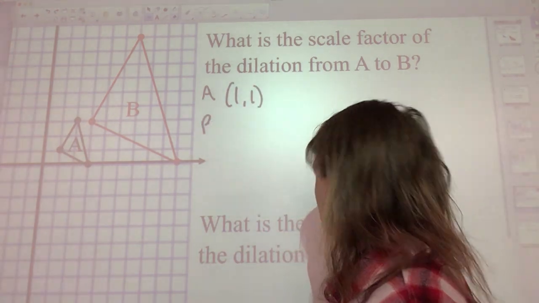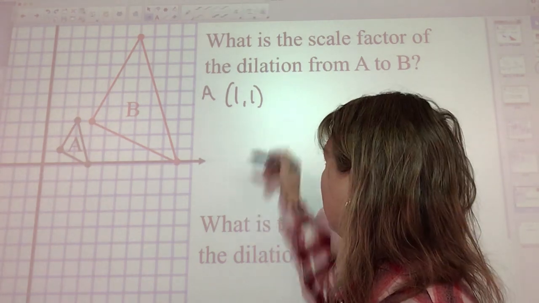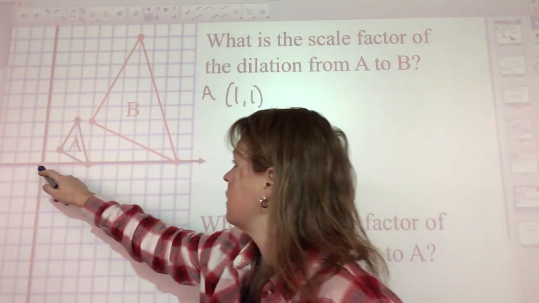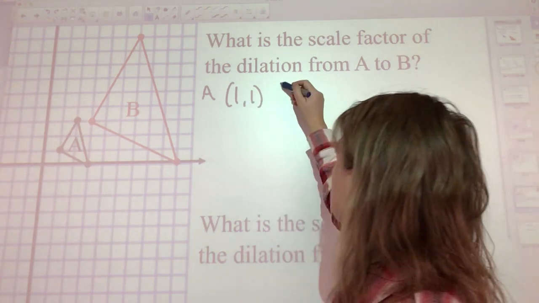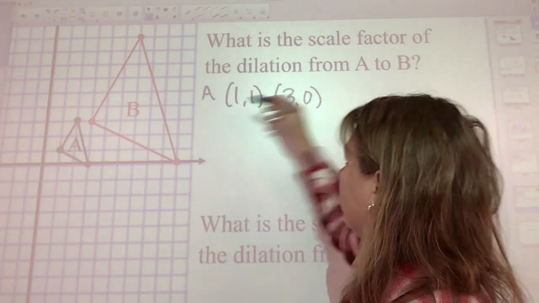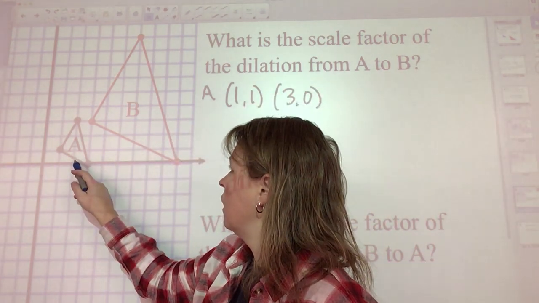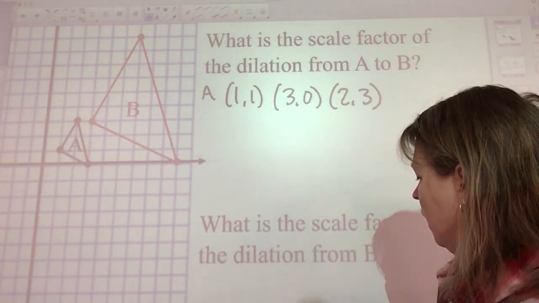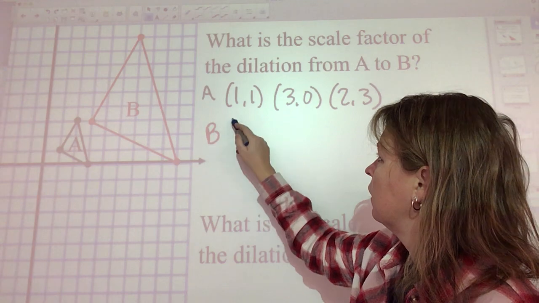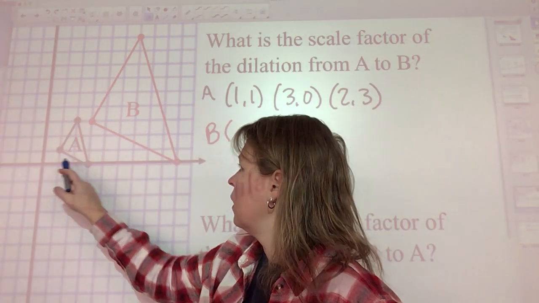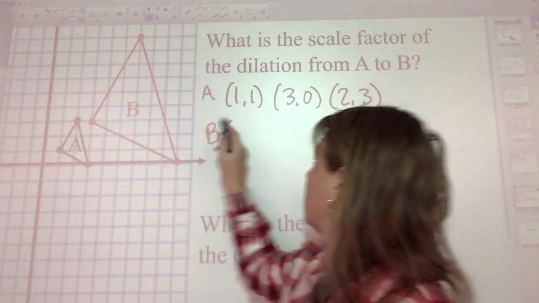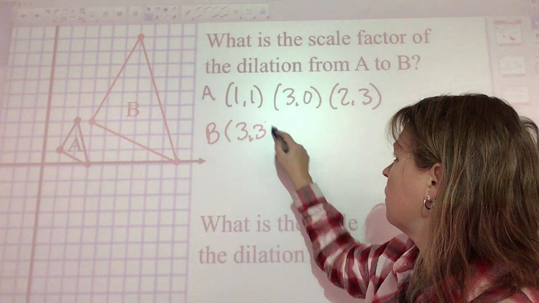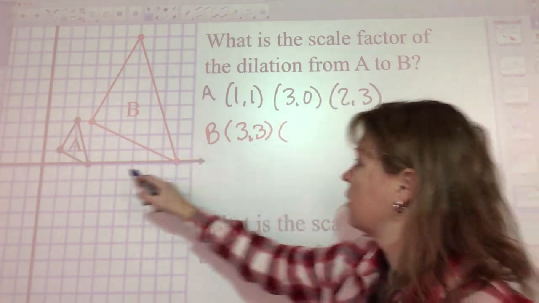This one went over 3, up 0, and the third point went over 2, up 3. On B, we went over 3, up 3, and you can probably see already what our scale factor is going to be.